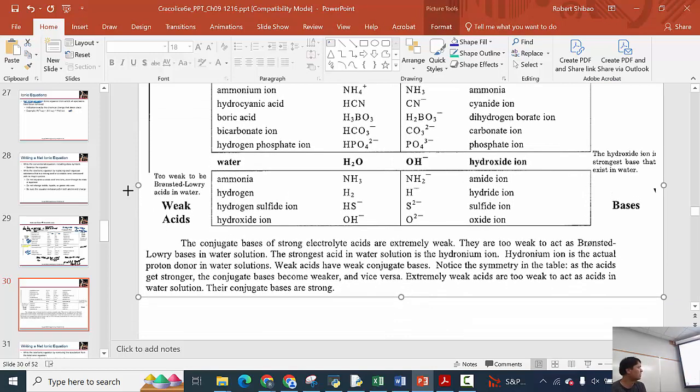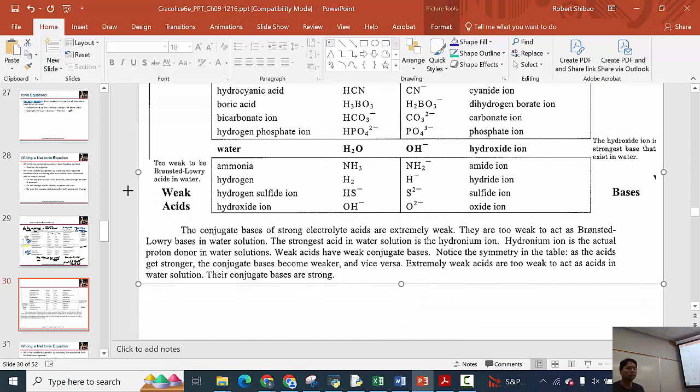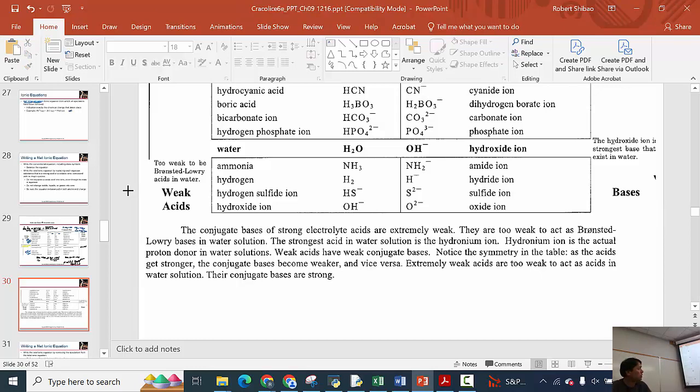Base is also hydrolyzed water. So it says the hydroxide ion is the strongest base that can exist in water. These are too strong to exist in water. And the reason is because water can act as an acid.